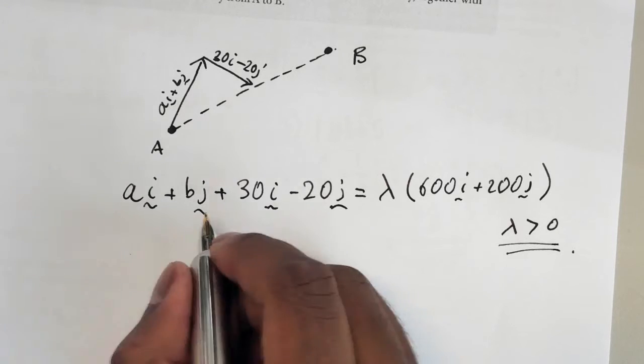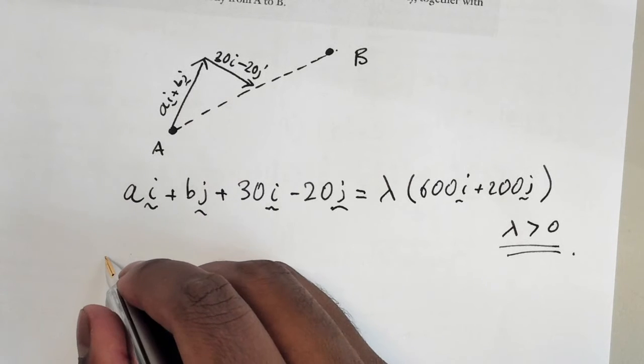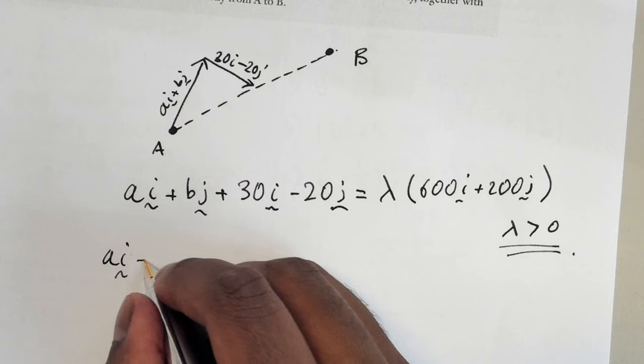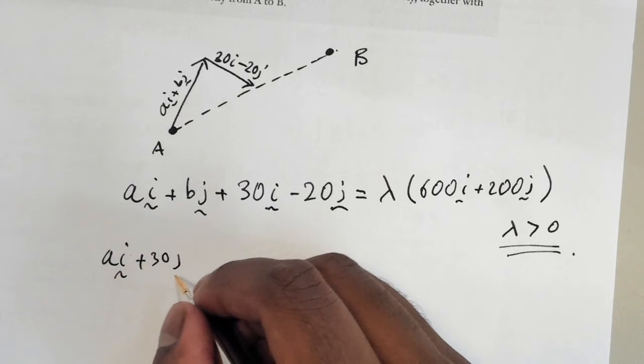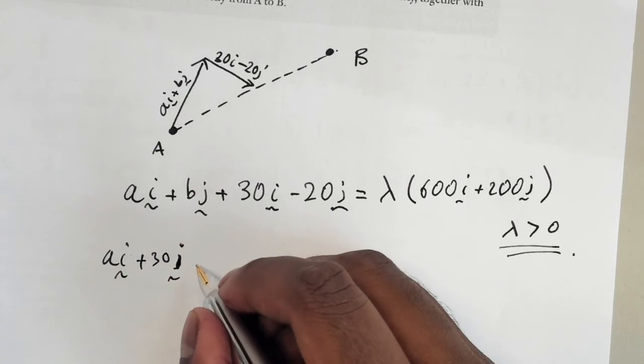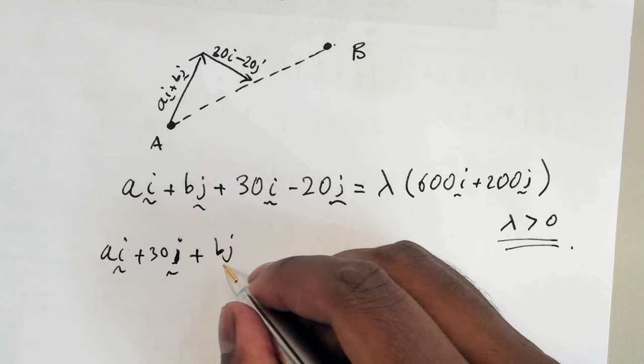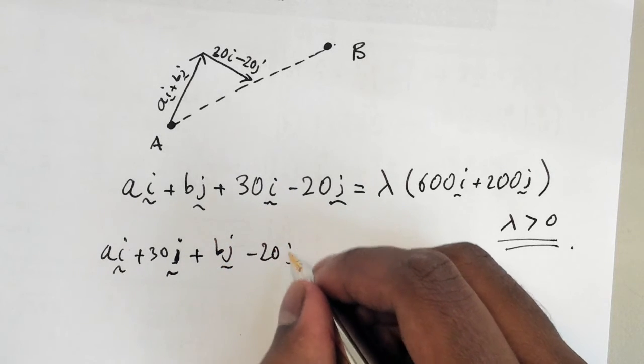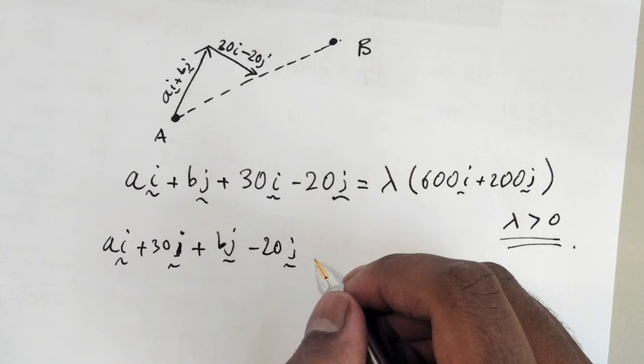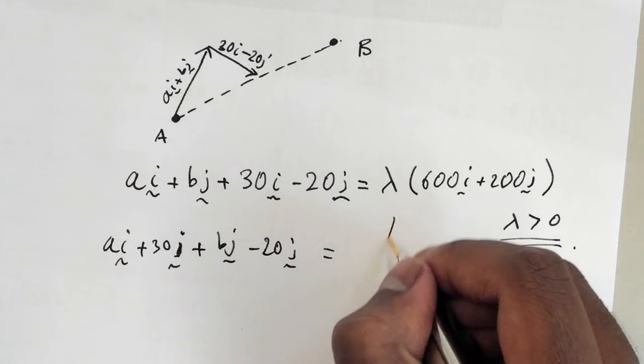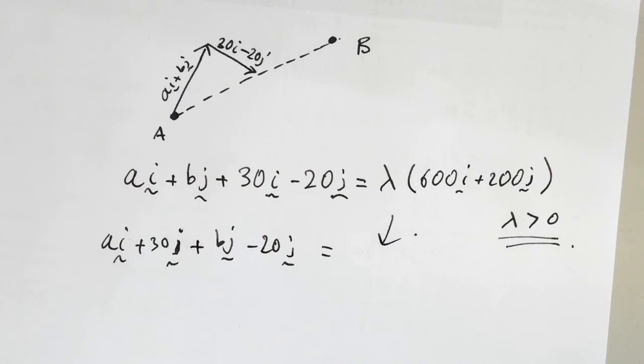I'm going to rearrange this equation to ai plus 30i, and then plus bj minus 20j. And I'll leave that side the same for now. That's vector i. That's also a vector i. So I can actually factorize out i.